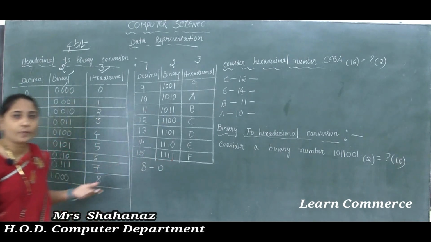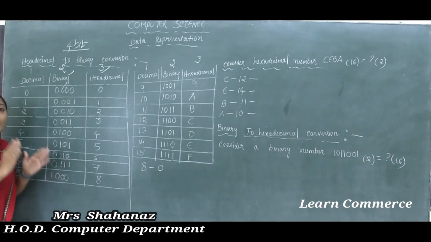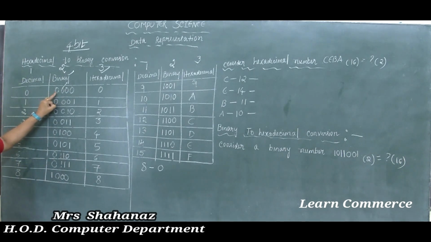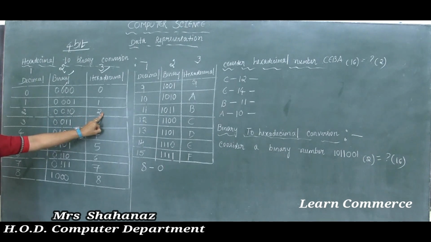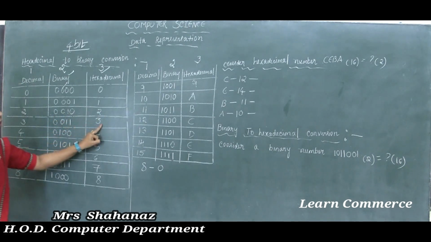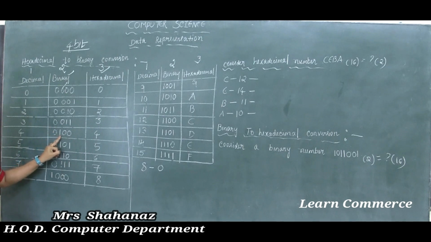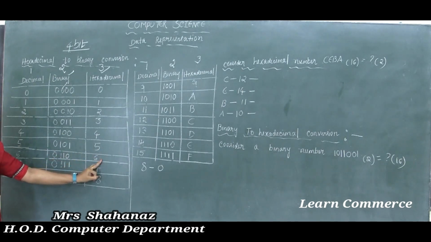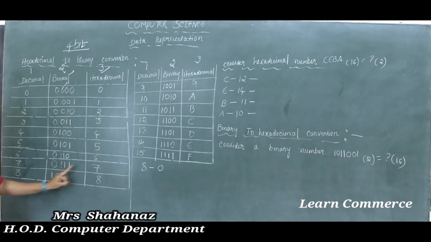So clear this one. Otherwise, if you know the numbers perfectly, then you can write 0000 for the number 0, 0001 for the number 1, 0010 for number 2, 0011 for the number 3, 0100 for number 4, 0101 number 5, 0110 for the number 6, 0111 number 7, and 1000 number 8.